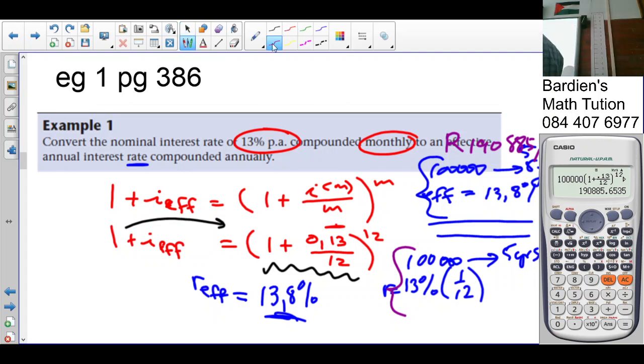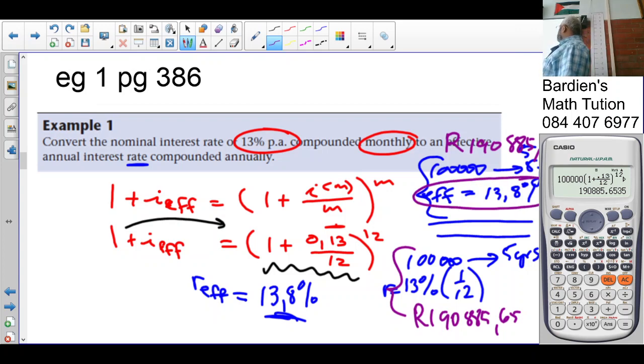That's going to give us 190,885 rand and 65 cents. It's exactly the same. Of course, if you had rounded this off and used 13.8 instead of the answer button, then the answer would be very close, because that's a rounded off value. But since I use the answer button, it's the exact value on the calculator.